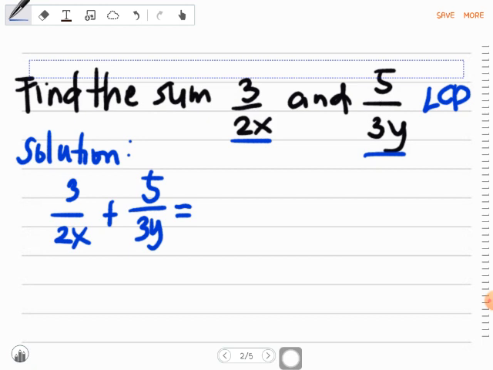So, mag-iisip tayo ngayon na pwedeng kunin natin ang multiplication, ang product ng 2x and 3y. At ang naisip kong number ay 6xy. Dahil 2 times 3 ay 6. And then, x and y. Pagsasamahin lang natin sila.